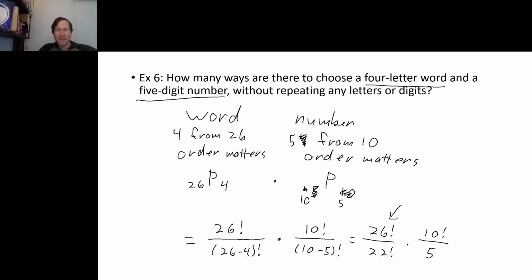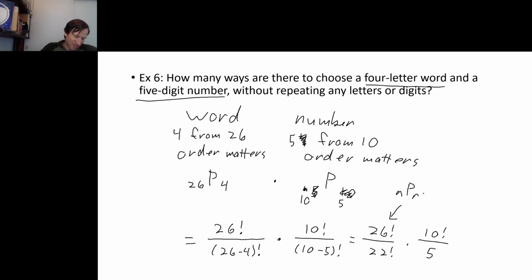But many scientific calculators have a button for n permute r. Look at your scientific calculator for something that looks like n capital P r. Often you'll find it as a shift function on some other key. On my calculator, it's shift 2, it looks like.